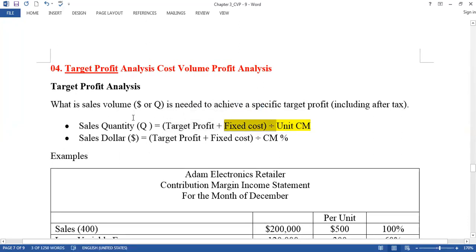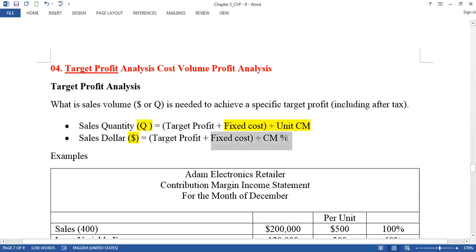So the target profit formula in case of quantity, look at here. The formula is target profit plus fixed cost divided by CM unit, right? So up to here, you can see that it is break even. Now you add your target profit. So this is about quantity. What about sales? If it is sales, it is not CM unit, it is CM percentage.